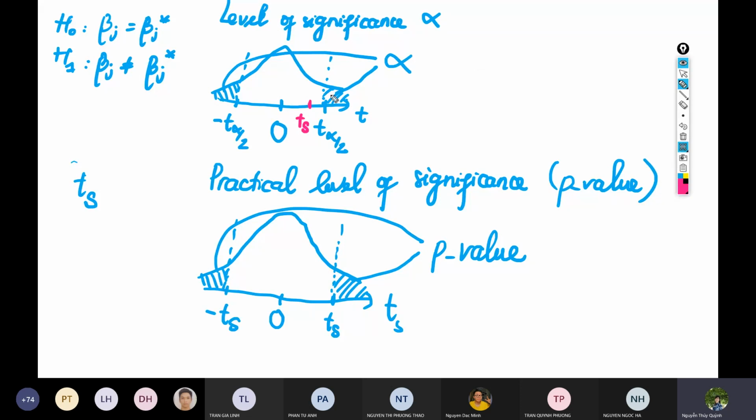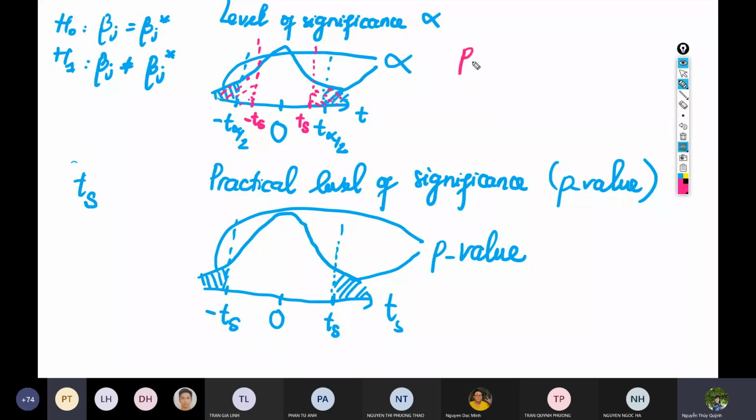So what is the value of the p-value here? We have minus TS, so the p-value will be the pink area. How is the p-value associated with TS compared to alpha in this case?